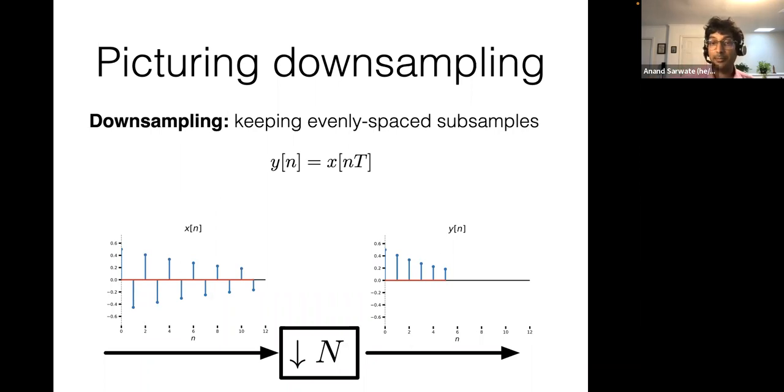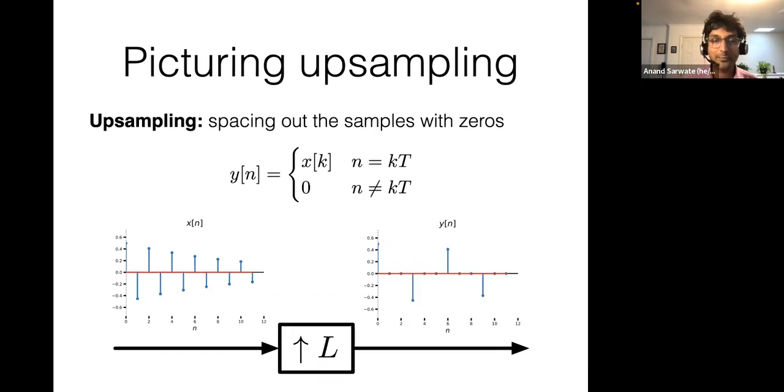And so that's a downsampler by t, or a downsampler by n if we want to use a different letter. So probably this n should be a t, or this capital T should be a capital N. Similarly, this capital L should be capital T.